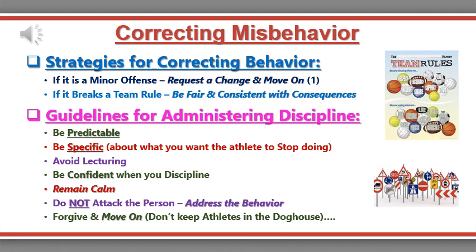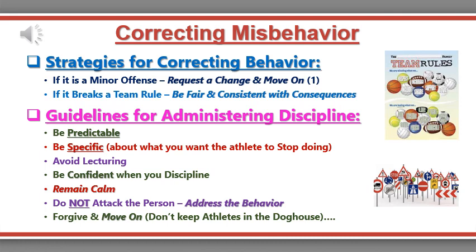You might need to pull them out of a game or sit them out in a practice or change the pecking order a little bit. If it breaks a team rule, if it's not just a minor offense or it continues to escalate, it might be the same thing. You might want to request a change, sit them down, tell them you're going to meet with them later so you're not taking your focus and time away from a practice or a game, but then provide that consequence.